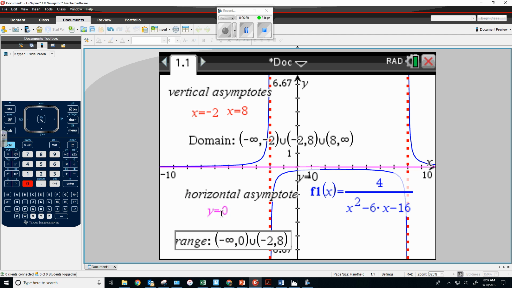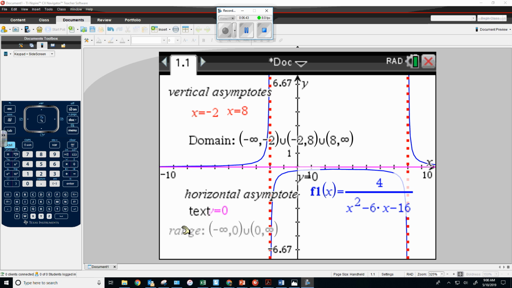Remember, we're looking at y equals 0. And as you can see, our range goes from -infinity to 0, skips 0, 0 to positive infinity. That's looking at the y-axis. With the domain, we look at the x-axis. With the range, we look at the y-axis.